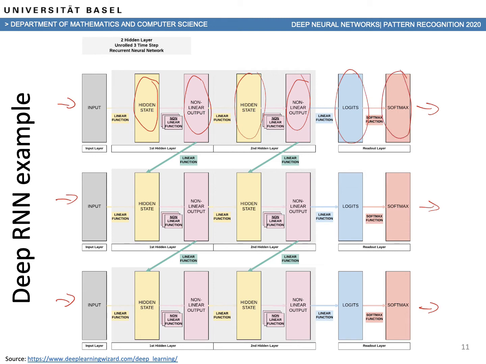And there is then a final softmax output. And then we see that from each of these activation functions, this goes to the input of the hidden state in the next time step. And this here could then continue.